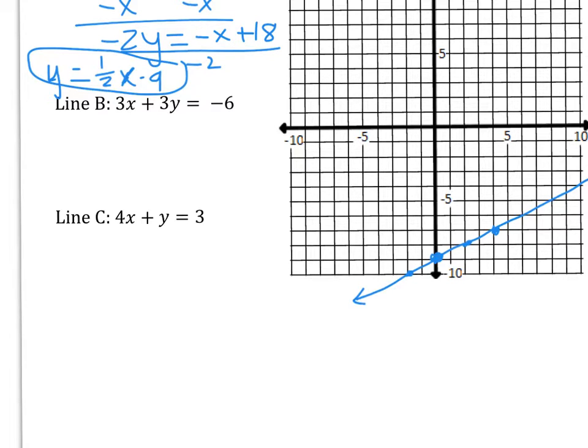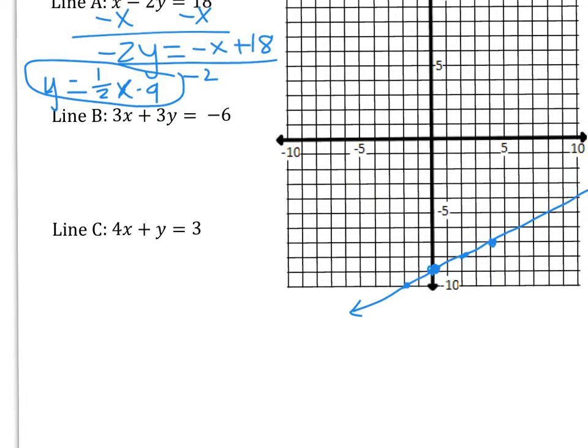So let's find the x-intercept first. So I have 3x plus 3 times 0. Again, all I'm doing is plugging in 0 for the opposite variable, and I'm solving for the variable I want to find. So let's rewrite that so it looks better. 3x plus 3 times 0 equals negative 6.